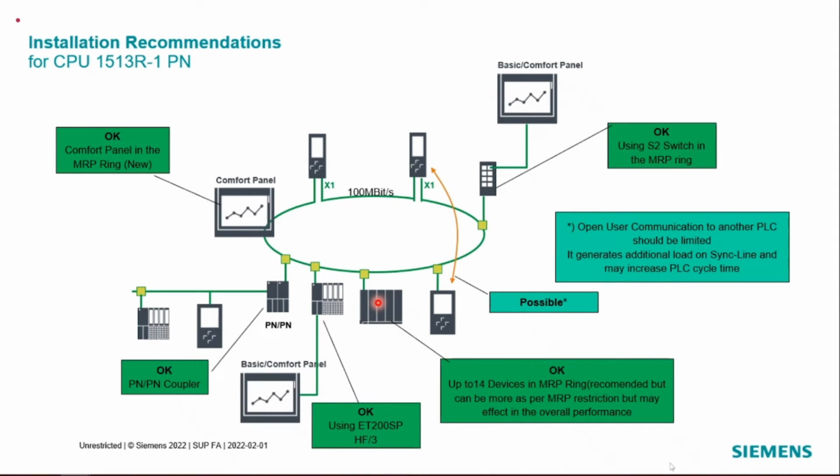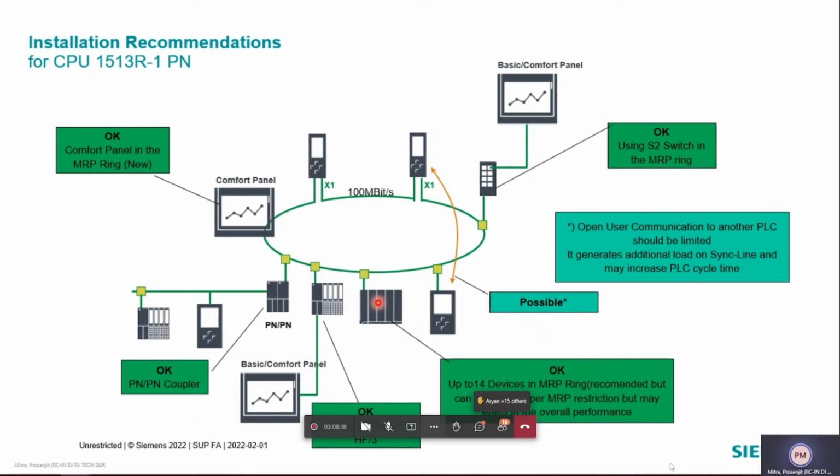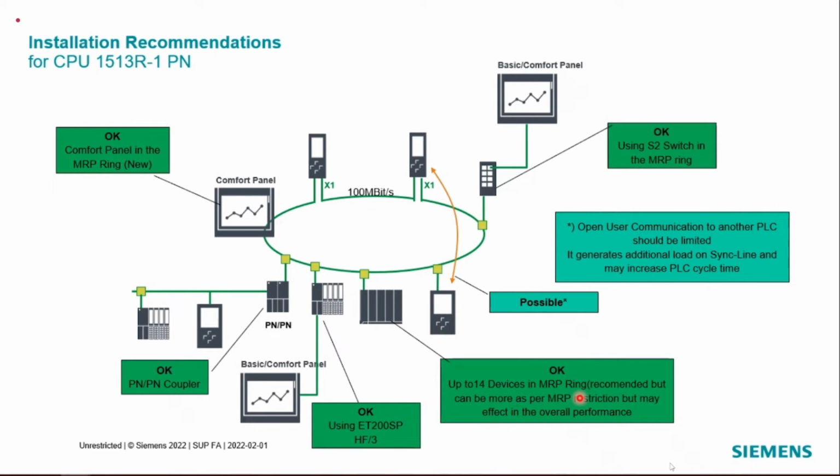But there were around 30 to 36 ET200SP stations, and they wanted 1500R because there was a recommendation at that time that not more than 16 can be used. So we had to go to 1517H because they wanted that in the ring. But this is a recommendation, it's only a recommendation.